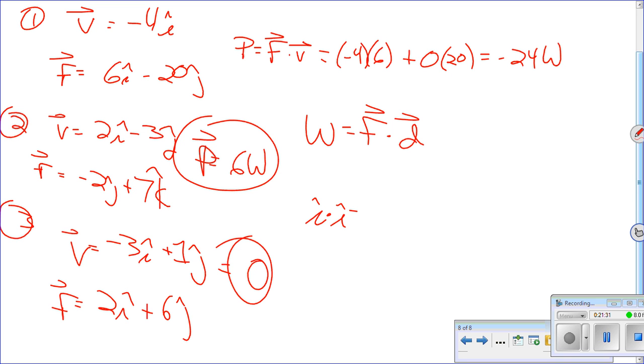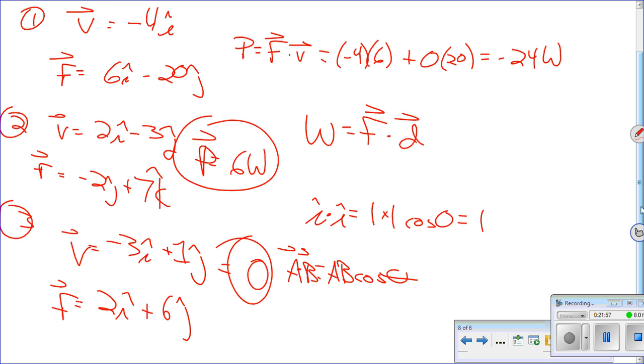A dot B is really A times B times the cosine of the angle between them. So I dot I is 1 times 1 times the cosine of the angle between I and I, which is 0. So 1 times 1 times the cosine of 0 gives you 1.